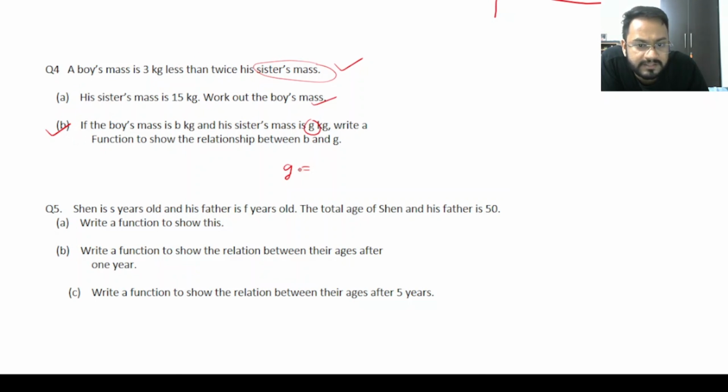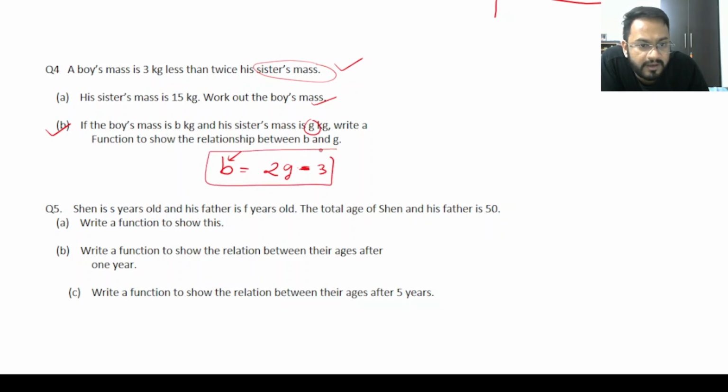So B will be equal to twice G, minus 3. That is equal to the boy's mass.